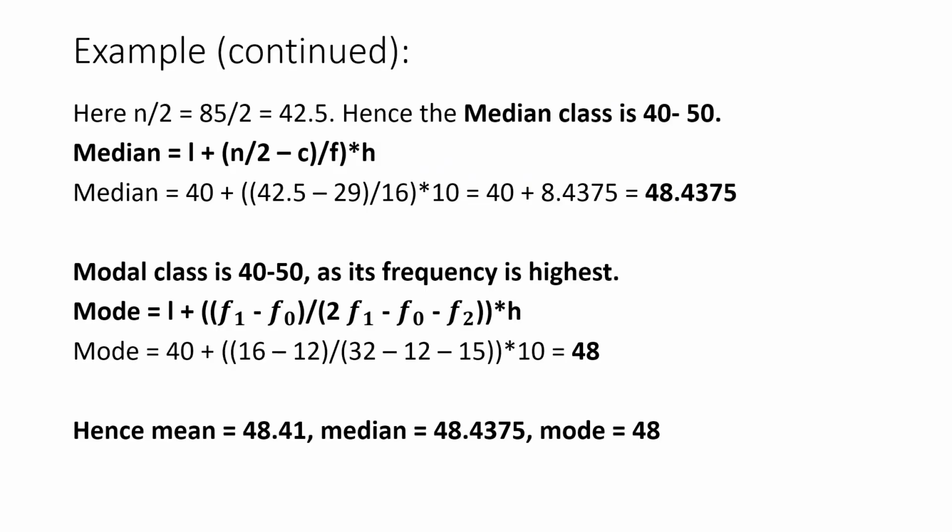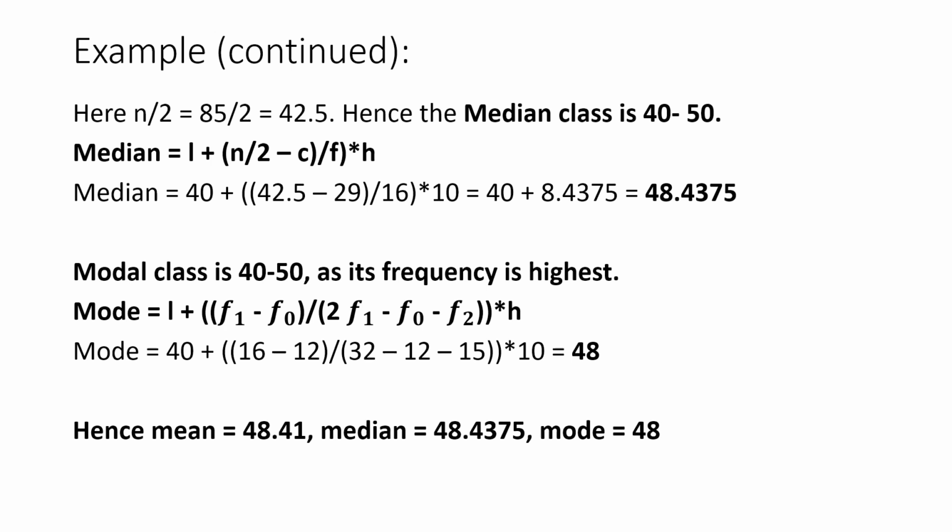For finding the median, n by 2 is 42.5. To determine the median class, we have to find the class whose cumulative frequency is just greater than 42.5. We can see that the cumulative frequency of the 40 to 50 class is 45. Hence the median class is 40 to 50.